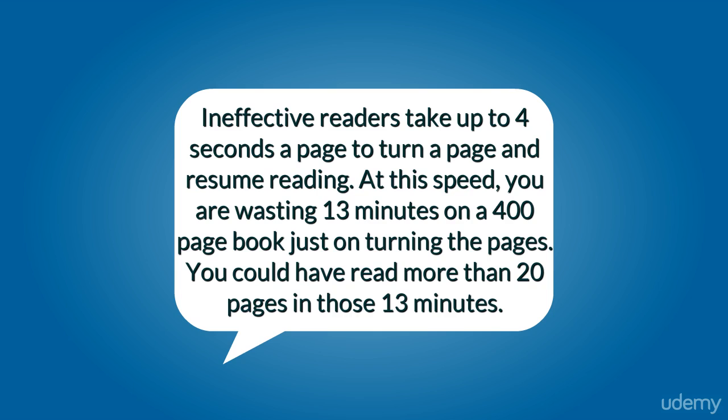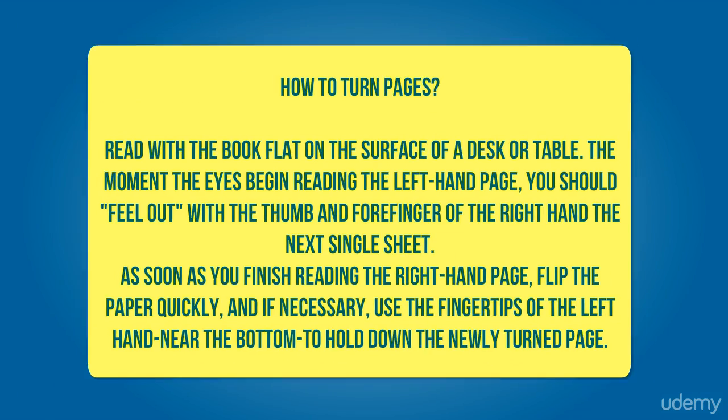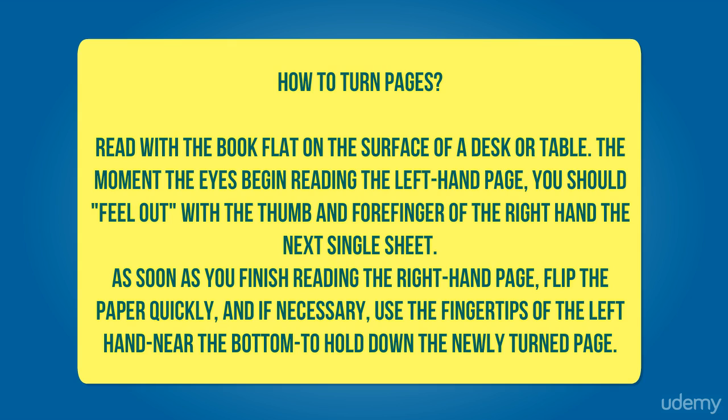How to turn pages? If you want to reach greater efficiency while turning pages, read with the book flat on the surface of a desk or table. The moment the eyes begin reading the left-hand page, you should feel out with the thumb and forefinger of the right hand the next single sheet.